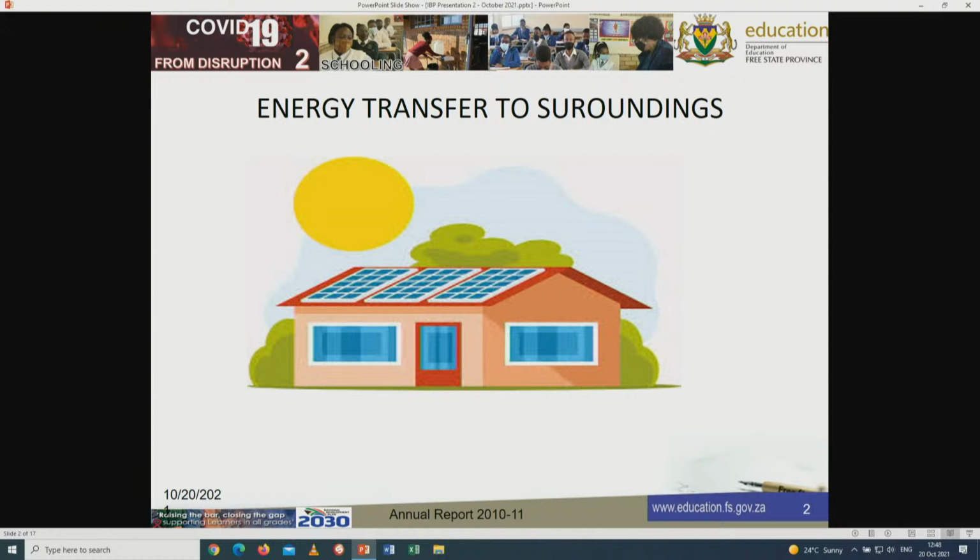The solar panels at the roofs of the house, the ones that are storing energy from the sun. If that energy is stored from the sun by the solar panels, it goes inside our houses.